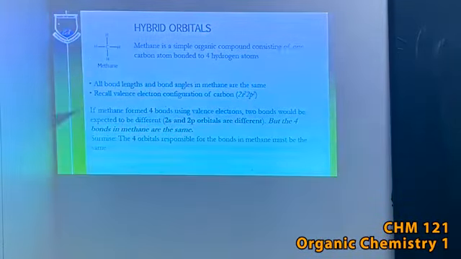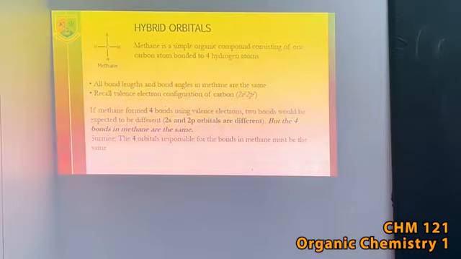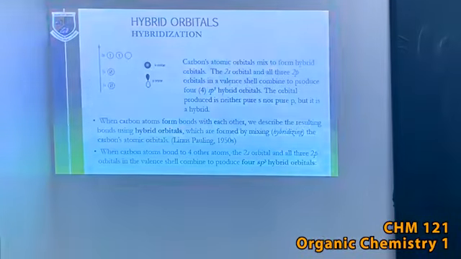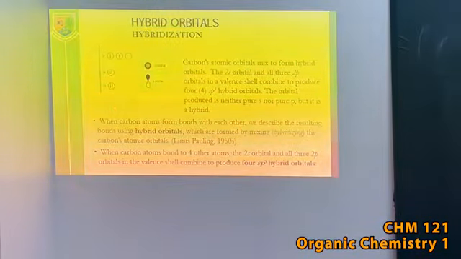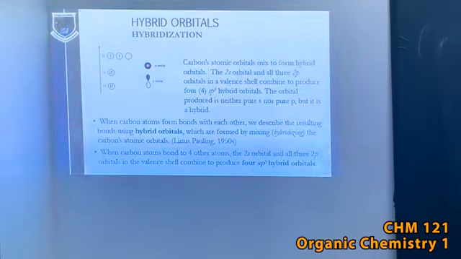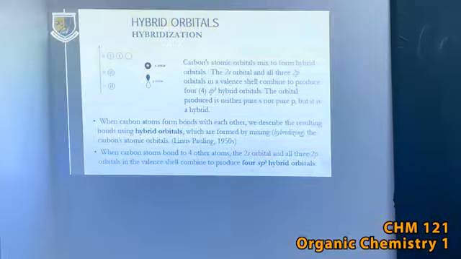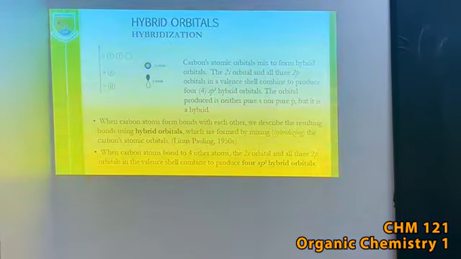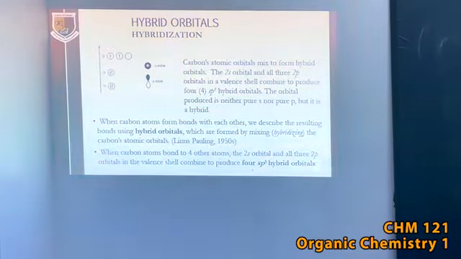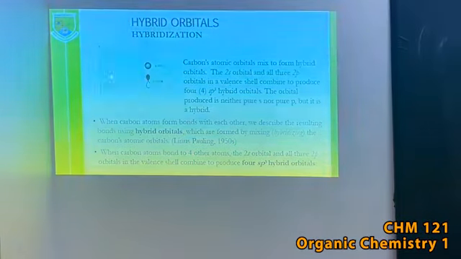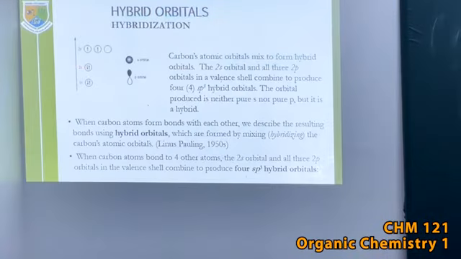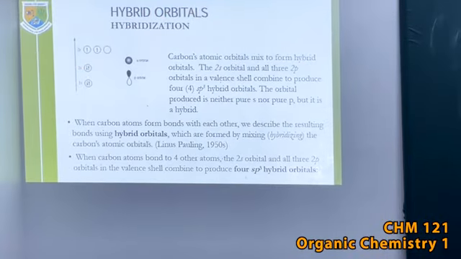That brings us to the principle of hybridization. So we look at the orbital picture. Here we have a 1s, which is 2 electrons in the core, and then we have 2s orbital having 2 electrons, and 2p having these unpaired electrons.